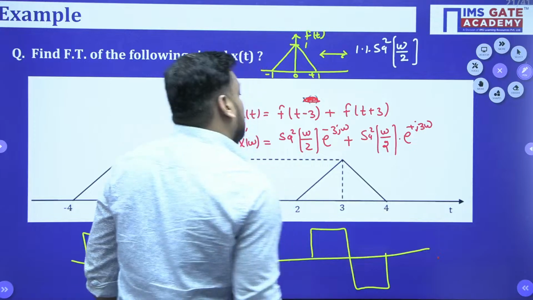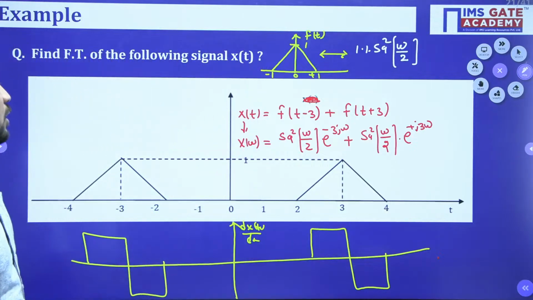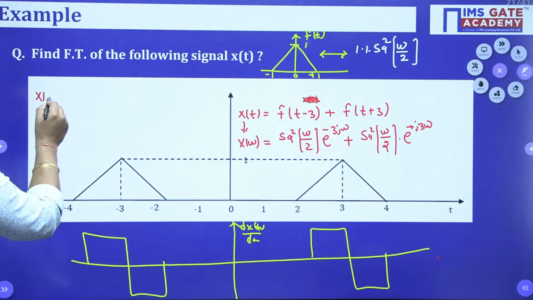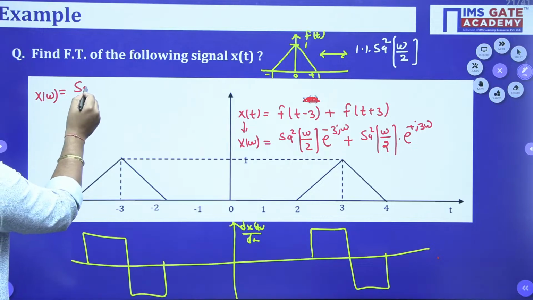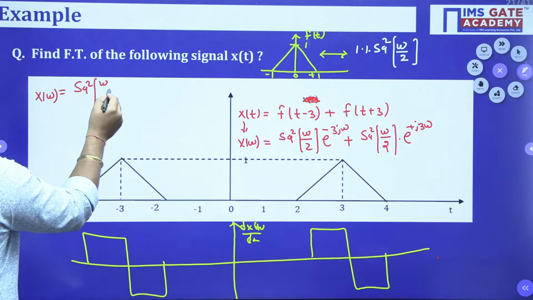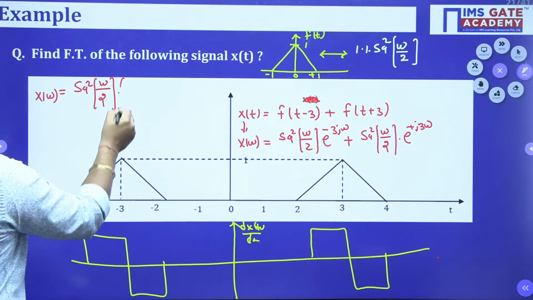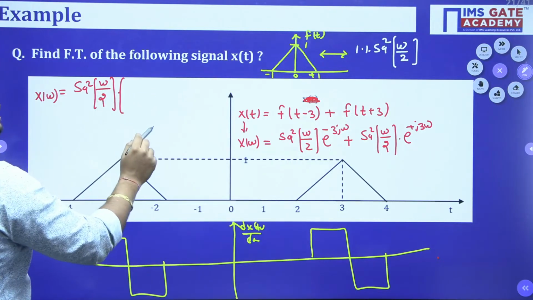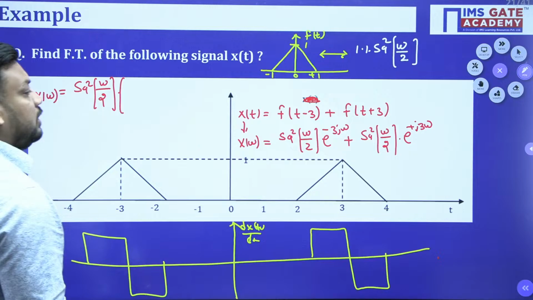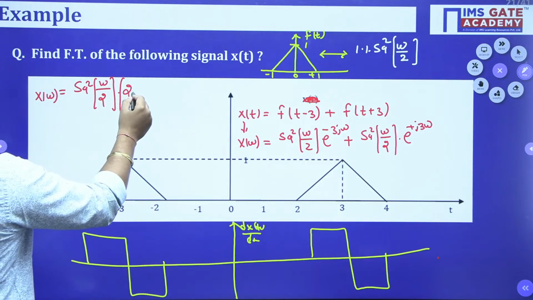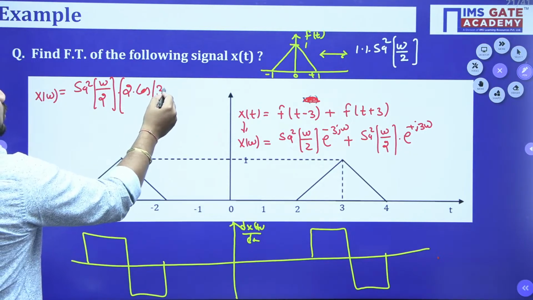Taking Sa squared of omega by 2 common, inside the bracket e to the power minus 3j omega and e to the power plus 3j omega make twice cos of 3 omega.